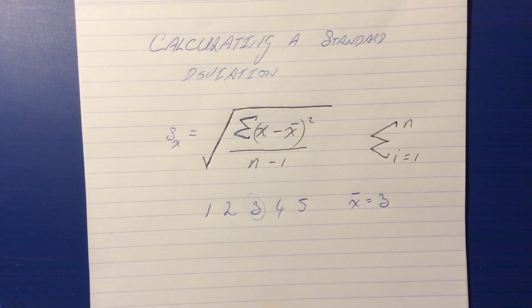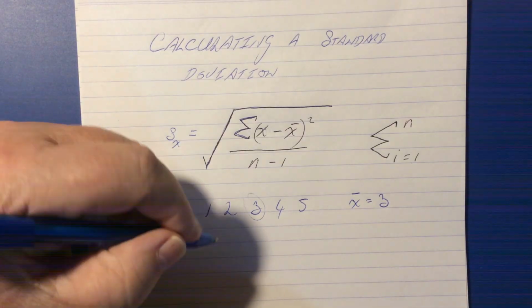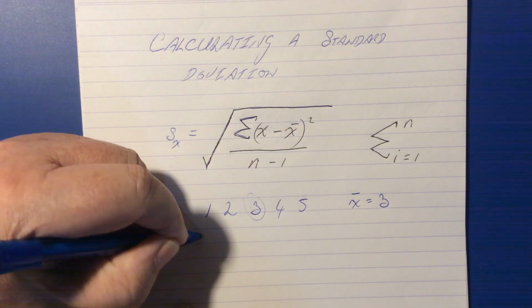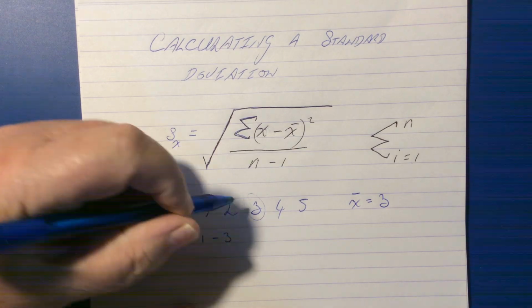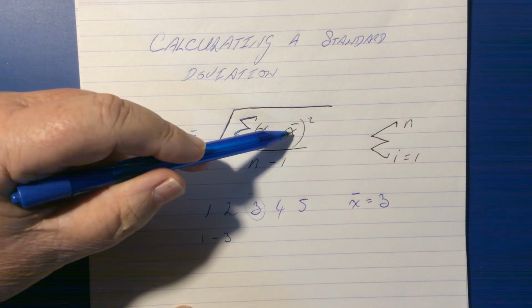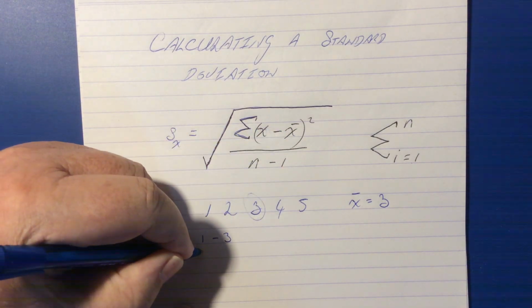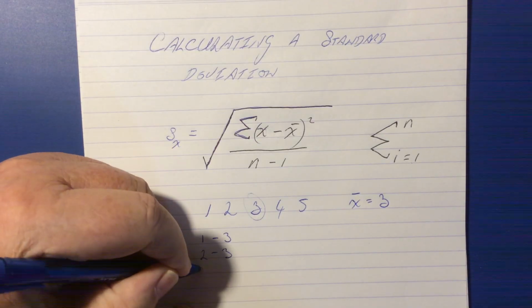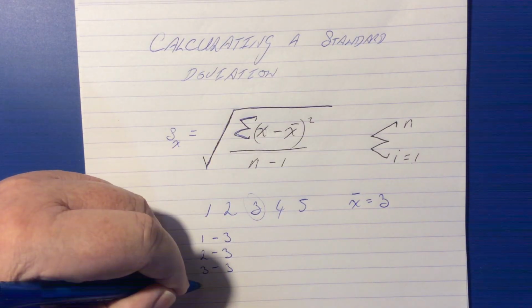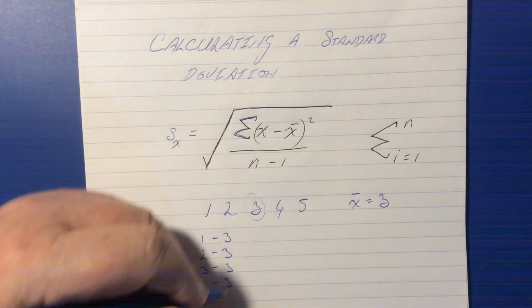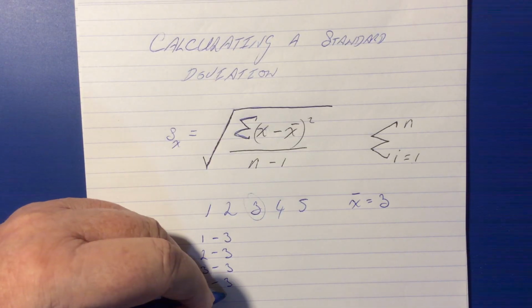And what we do is we take all of these numbers. So we go 1 minus 3. So that's 1 minus 3, 2 minus 3, 3 minus 3, 4 minus 3, 5 minus 3.